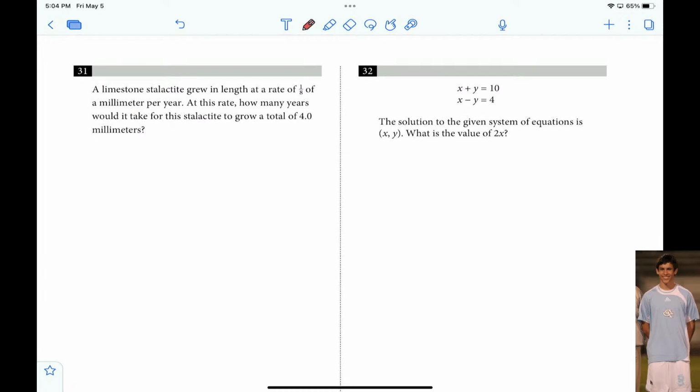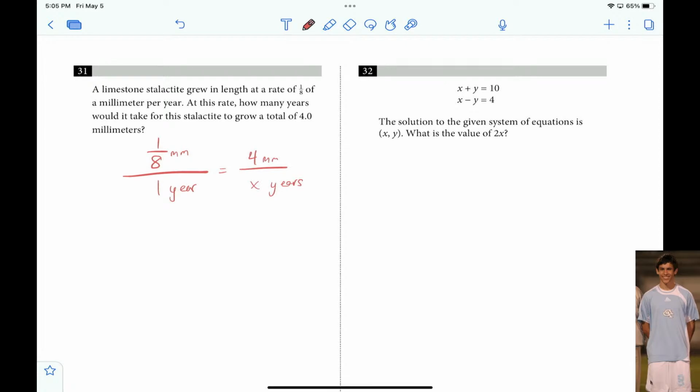So they said it was 1/8 of a millimeter per year. So 1/8 millimeter per 1 year. Now I'm just writing the units so we can see it. And they said at this rate, how many years would it take for this stalactite to grow a total of 4 millimeters? So we know that it's supposed to grow 4 millimeters. So they want to know how many years.